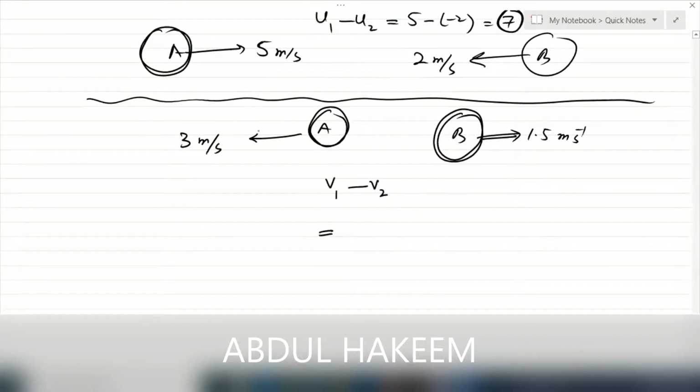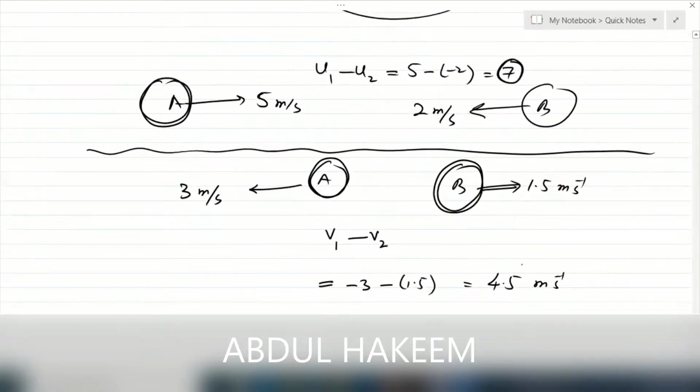Look, this is v1. This side, left side, just becomes minus 3, minus, and this is 1.5. So it is 4.5 meter per second. Both answers are not equal. So this is inelastic collision.